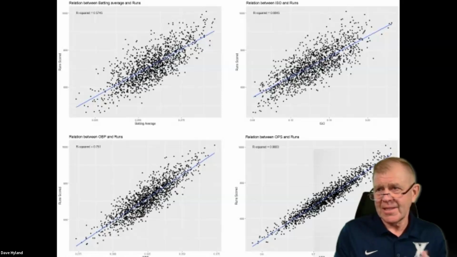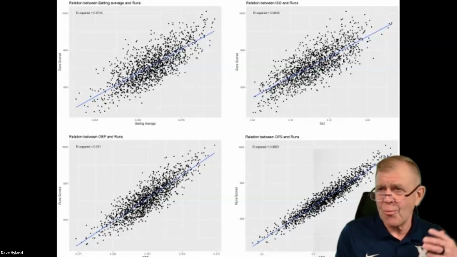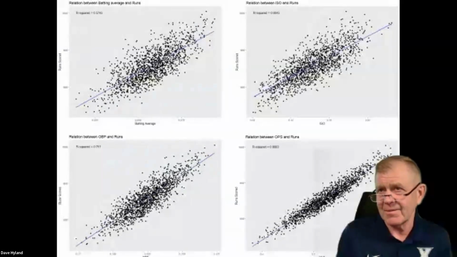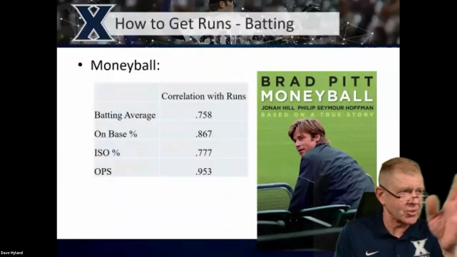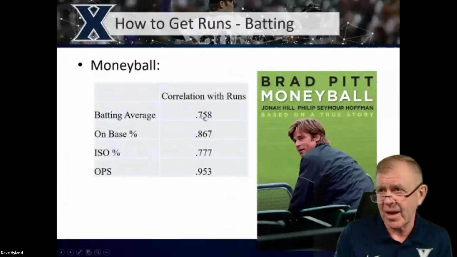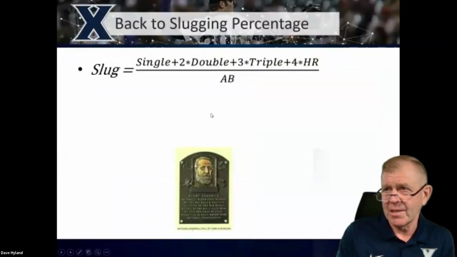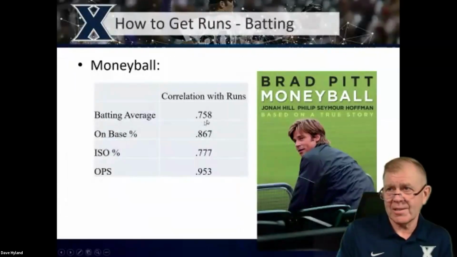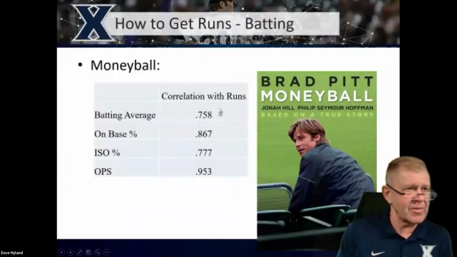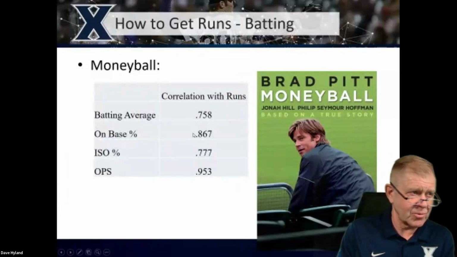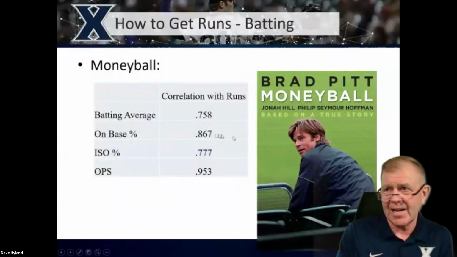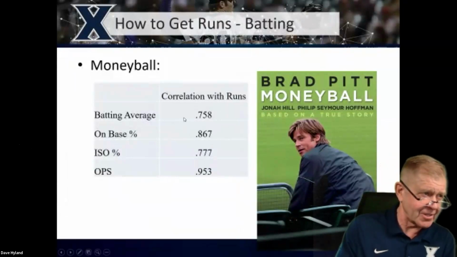So let's back up a minute and go back to this. Here's what I describe as kind of the Moneyball result. Everybody was paying players based on their batting average, and Billy Beane was like, well, I can get high on base guys for less money than it costs me to get batting average guys.